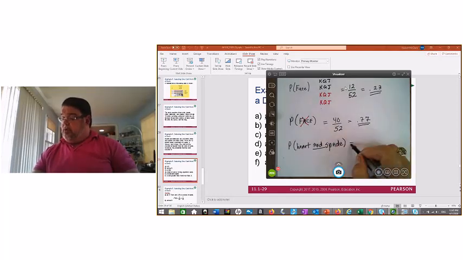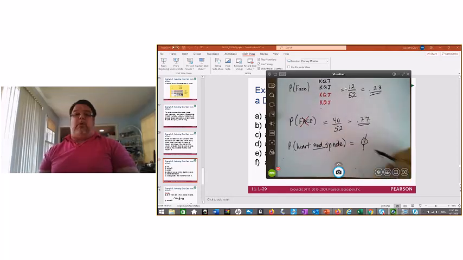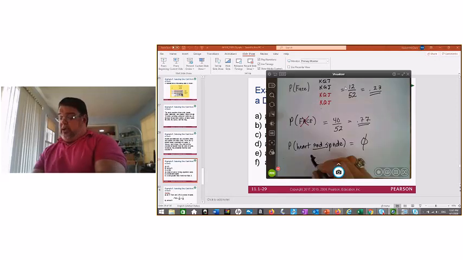Why would that be 0? Because you're only allowed to pick one card.